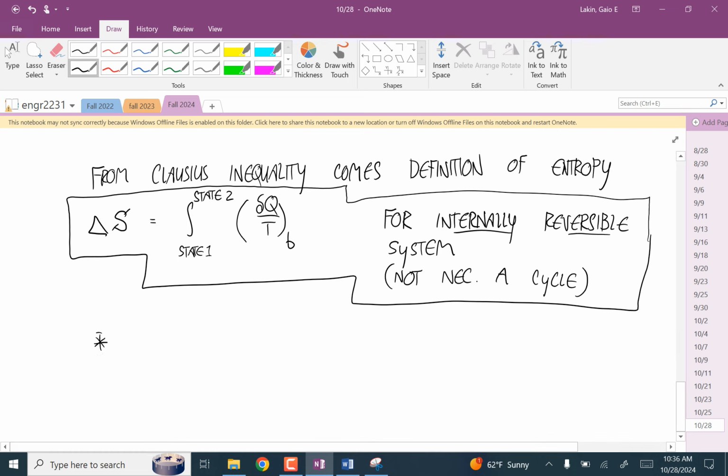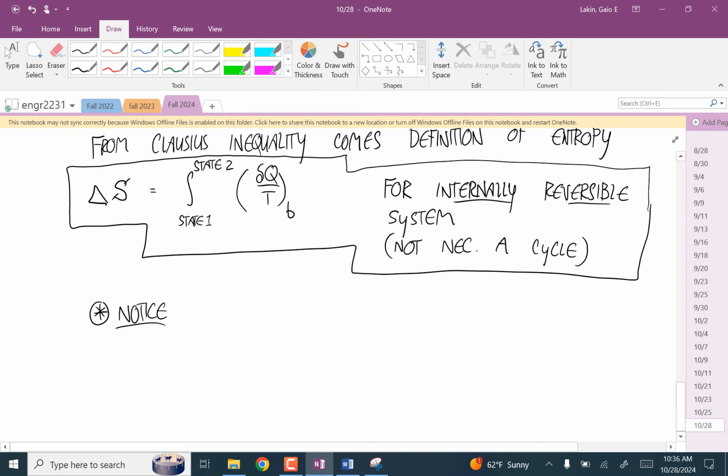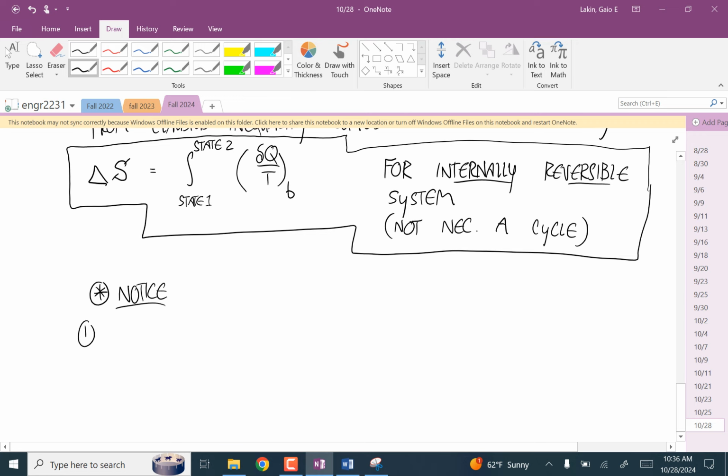So notice, first, the Clausius inequality requires a cycle.